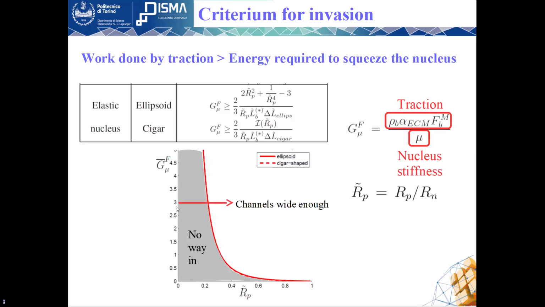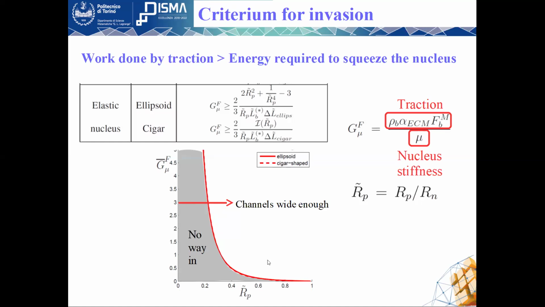So, if you have a cell with certain characteristics, able to pull, with some nucleus stiffness, then if the channels are too small, they will not be able to penetrate, and if the channels are not too small, they will be able to penetrate.